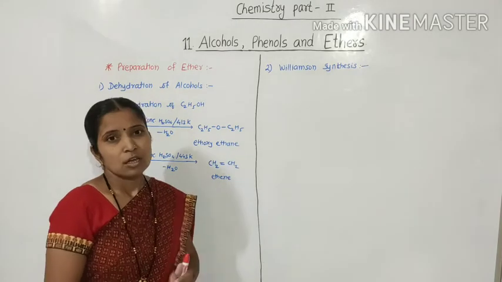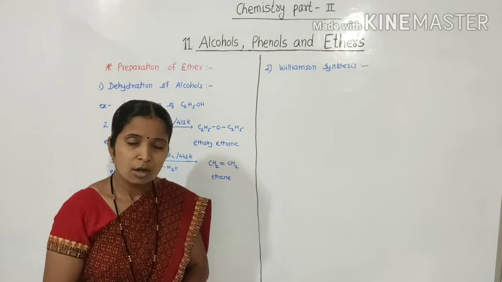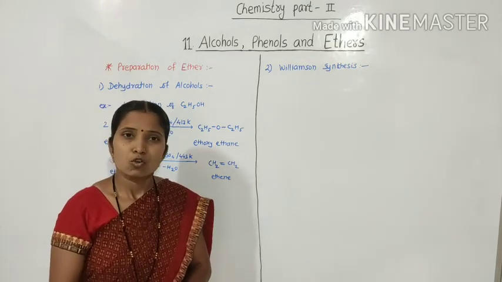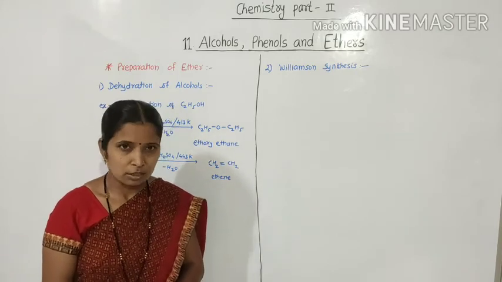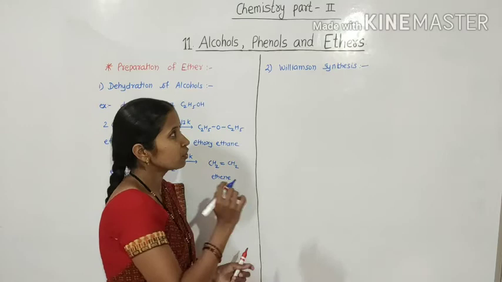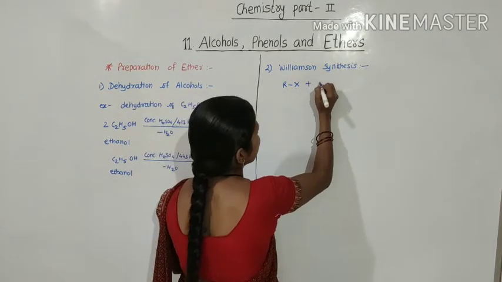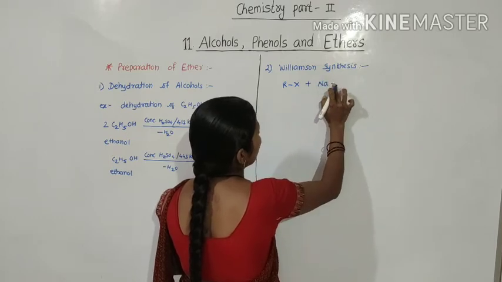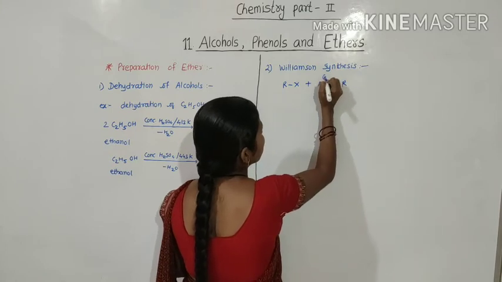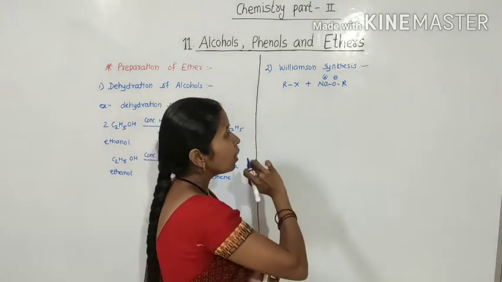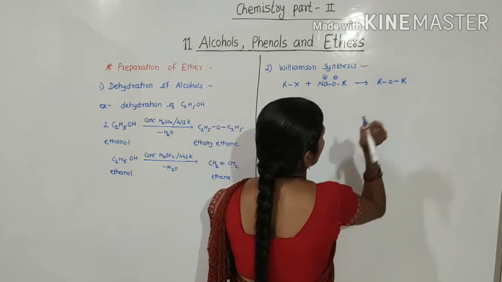In this synthesis, alkyl halide is treated with sodium alkoxide or sodium phenoxide to form dialkyl ether or alkyl arene ether. Let's see the general reaction. Alkyl halide is treated with sodium alkoxide, Na-O-R, to form dialkyl ether.